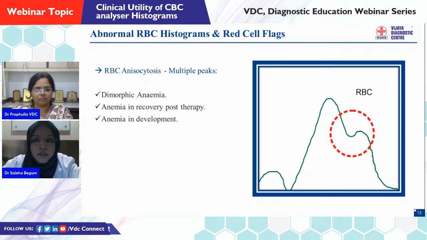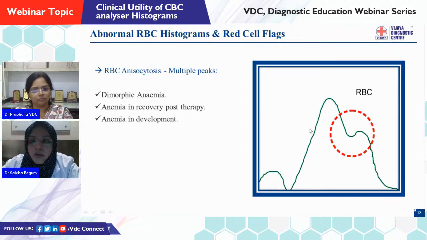Coming to the third variation of the RBC histogram, here you can see multiple peaks. Here you can see two peaks representing two cell populations inside the patient's blood.